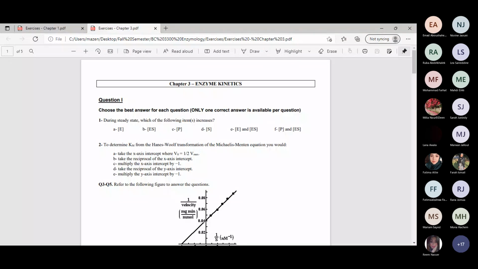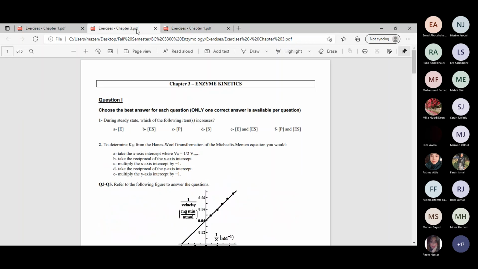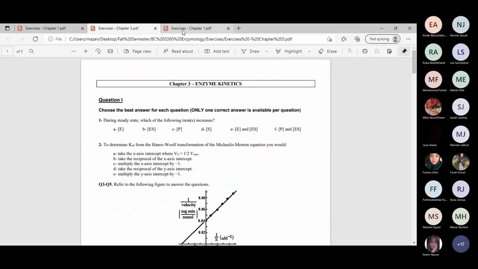انتوا هلا شو مبين عندكم على الصوره؟ chapter nomenclature, chapter 3 enzyme kinetics.